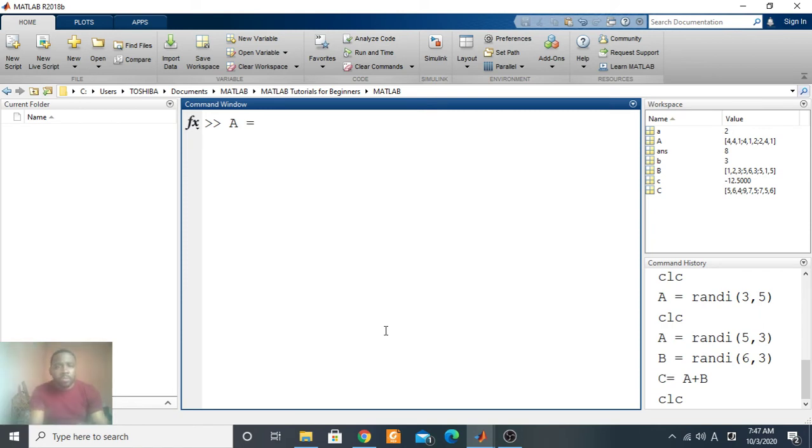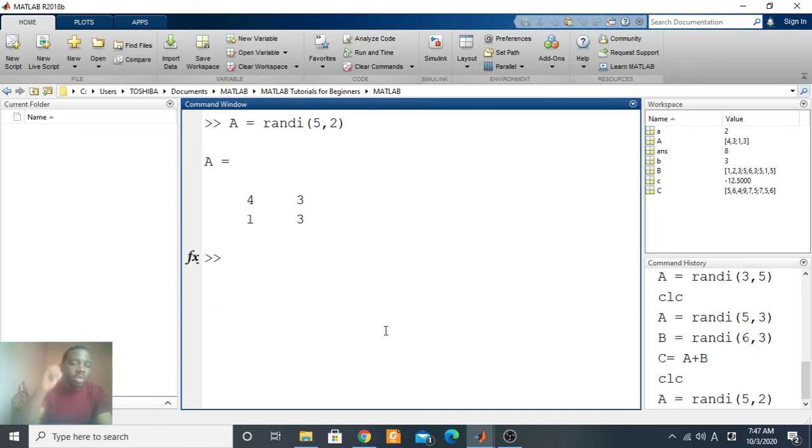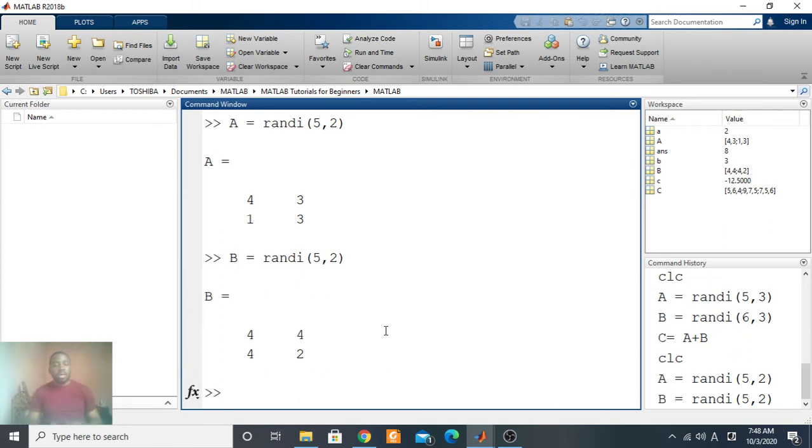We have A, let's use randi of 5, still 5, but comma 2. Let's take it 2 by 2, and then B, let's just take the same thing here. Good. That's easier. So now let's do subtraction. What will be A minus B?